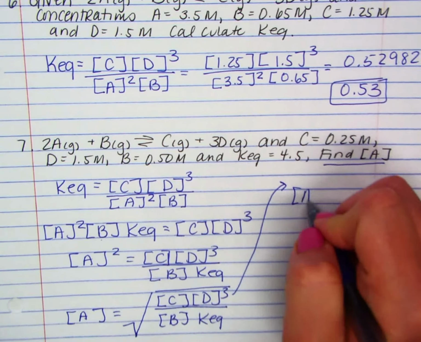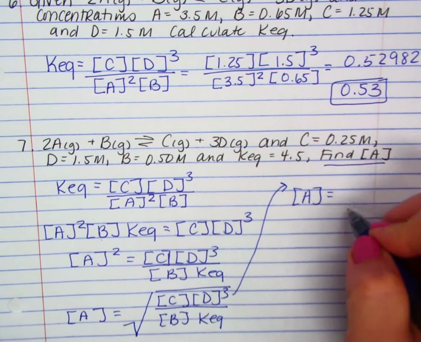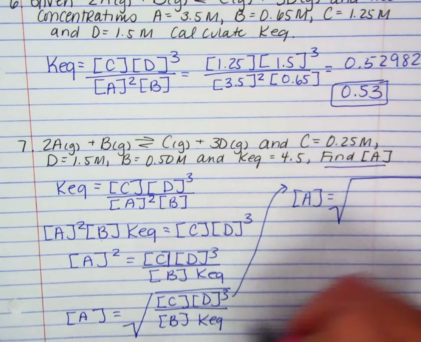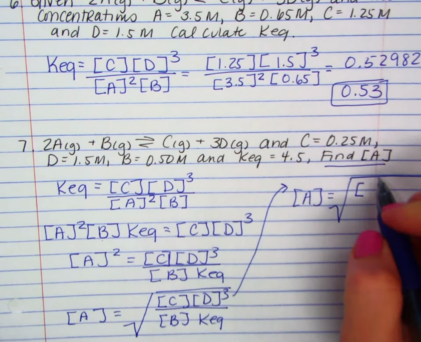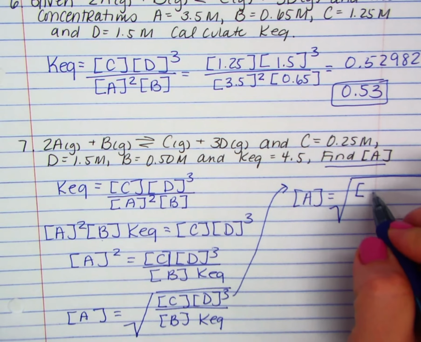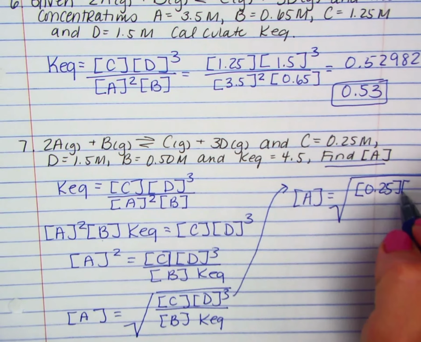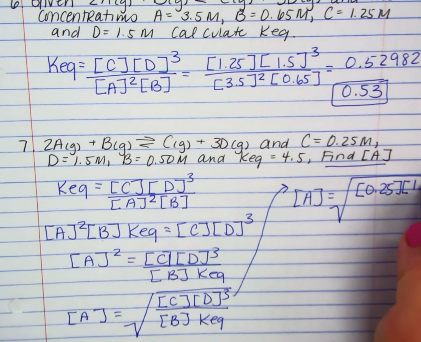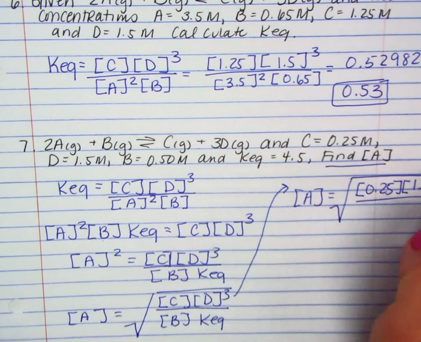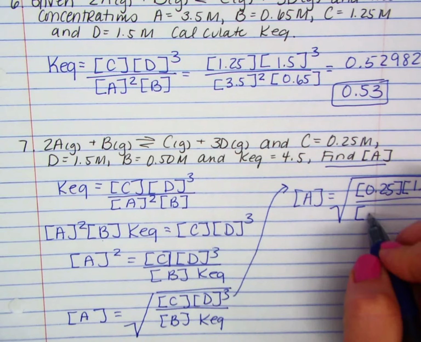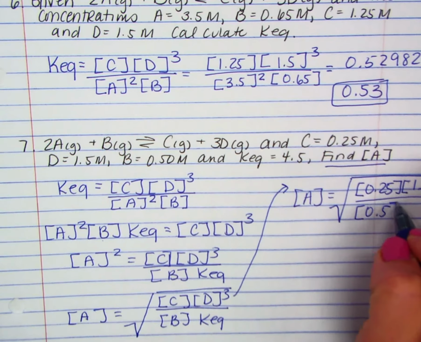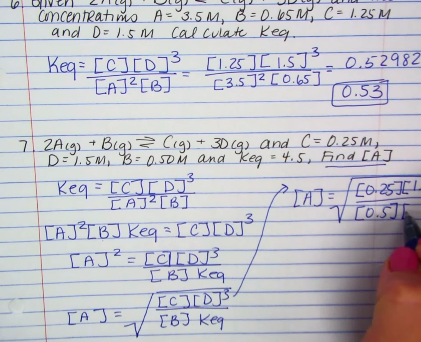So concentration of A is equal to the square root of, let's see, C, which is 0.25, D, which is 1.5 to the third, over B, 0.5, and KEQ, which was 4.5.